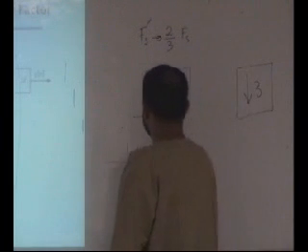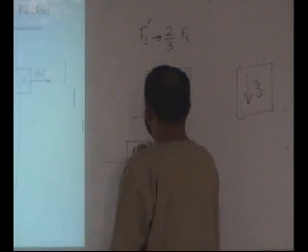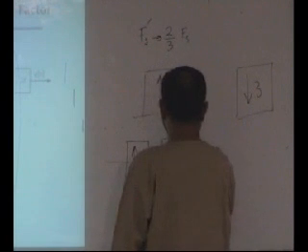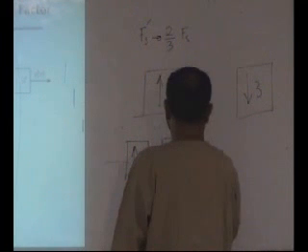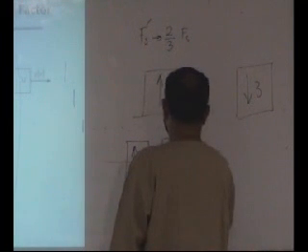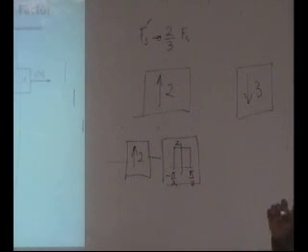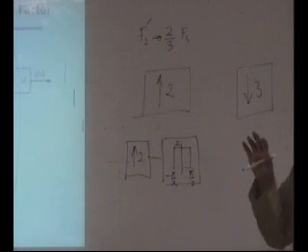So this requires us to increase by 2, pass it through a filter with cutoff frequency pi by 2, from minus pi by 2 to pi by 2, and gain 2. This is what interpolation requires us to do: insert zeros, pass it through a filter.